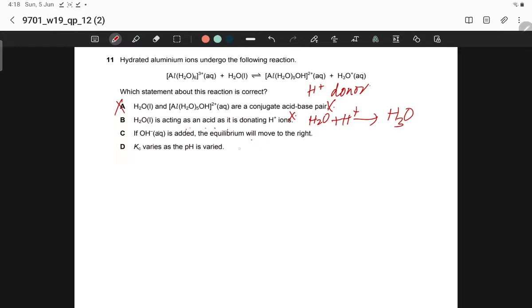Yes, this must be correct because the OH ion reacts with H3O positive to form water. It means H3O ion is going to decrease.